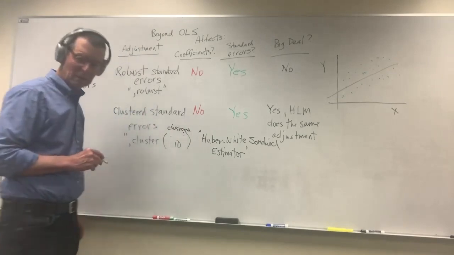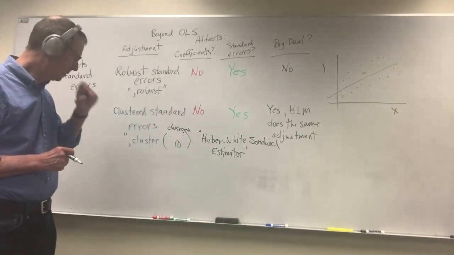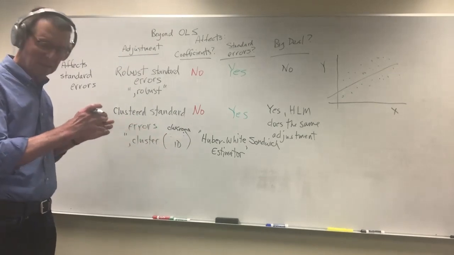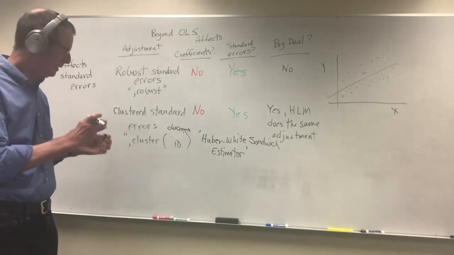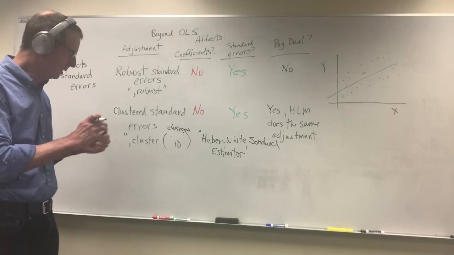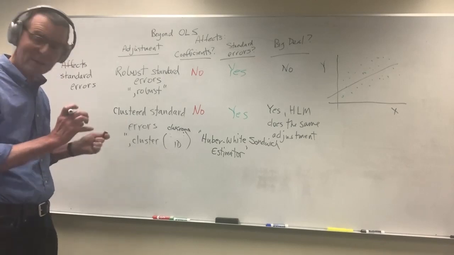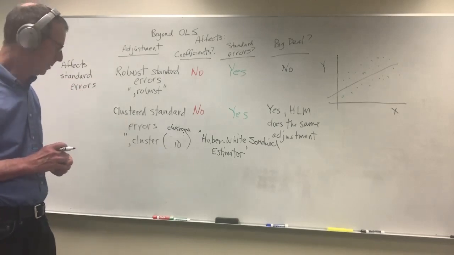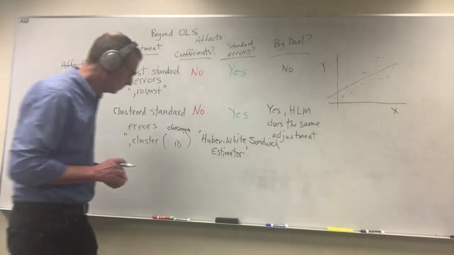So one distinguishing ID number for every classroom. You feed that to Stata, and it will look to see to what extent the kids who are in the same classroom are less independent of one another than kids just at random from the population of kids in the ECLSK. And it makes an adjustment.